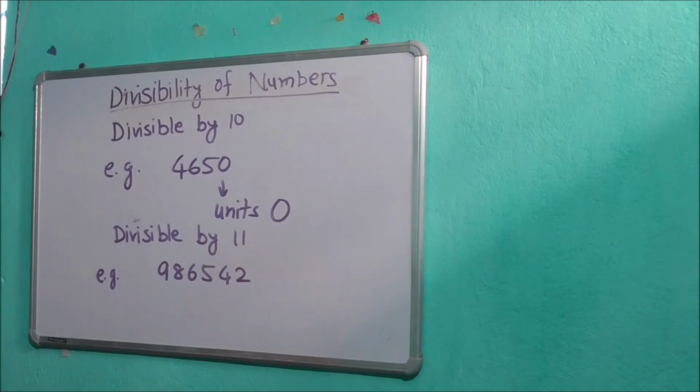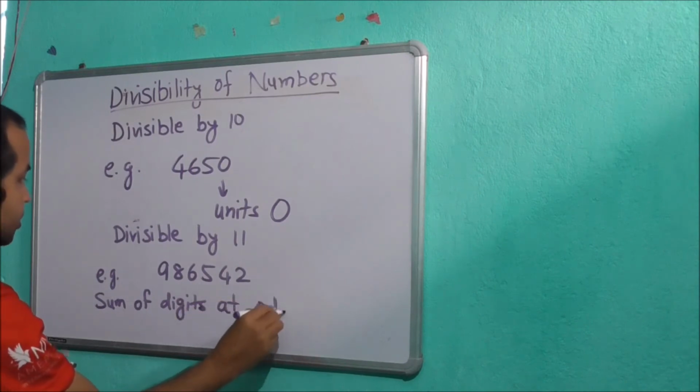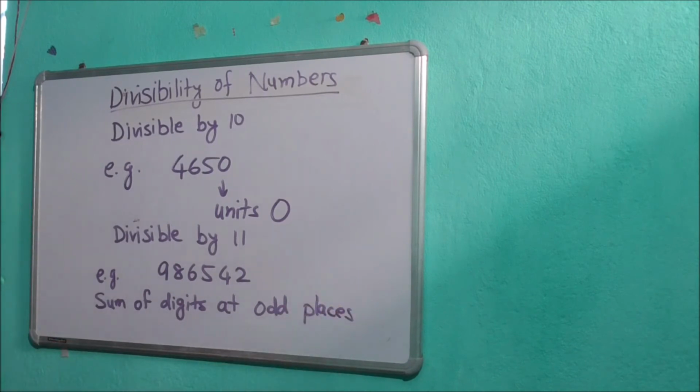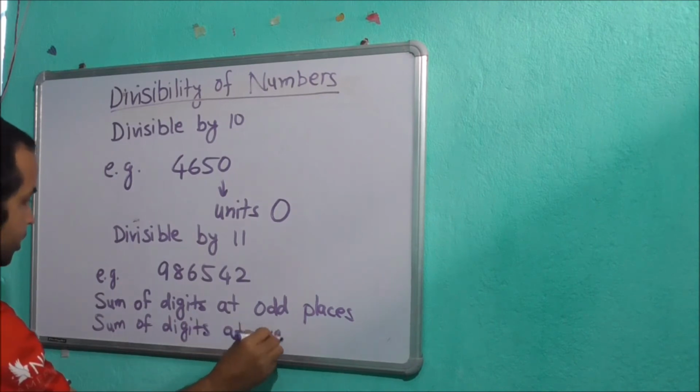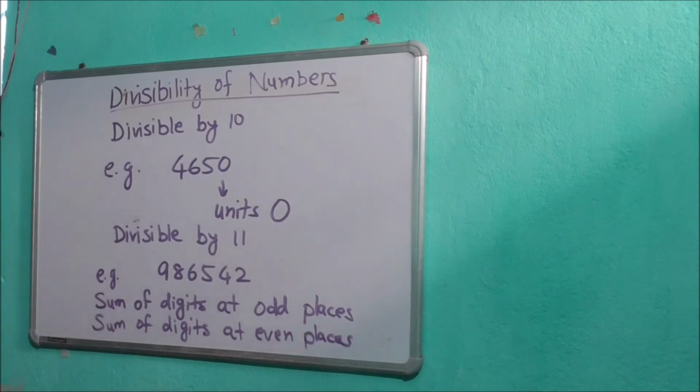We need to check the sum of digits at odd places and then the sum of digits at even places, and then subtract after calculating the sums.